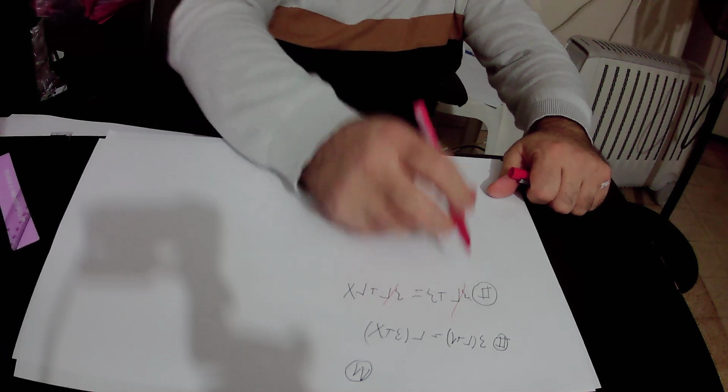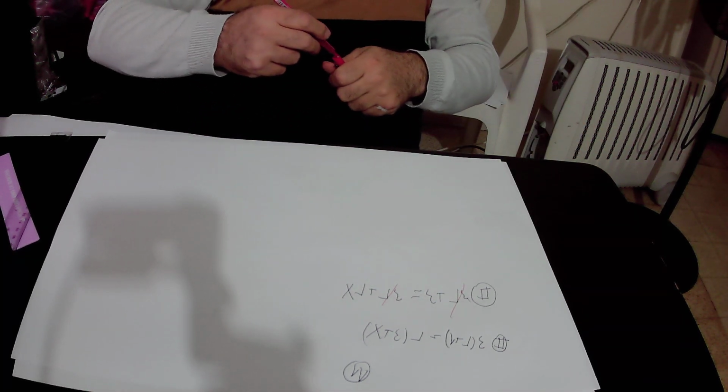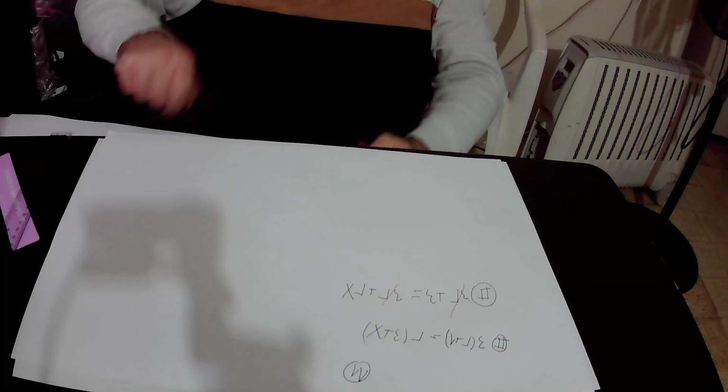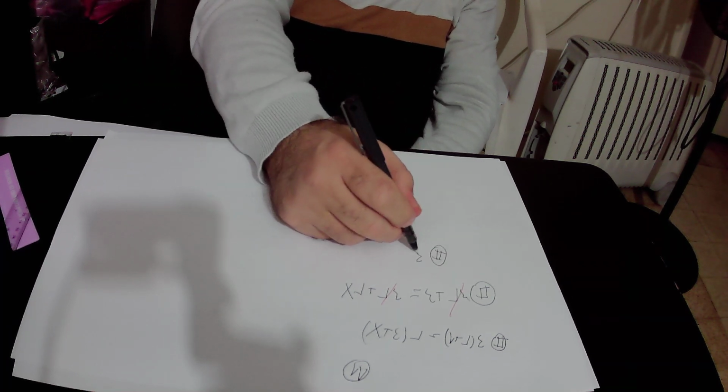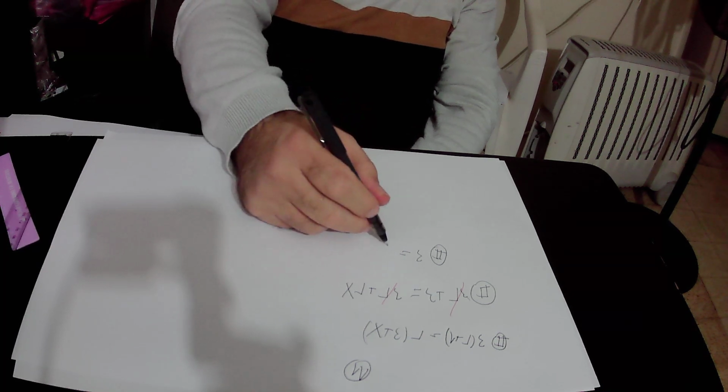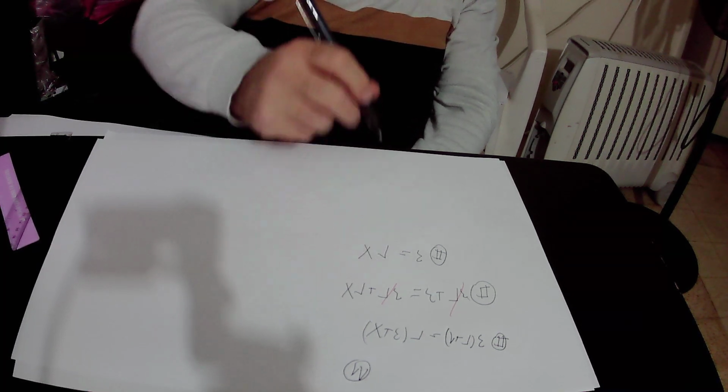And what is left after we cancel 3R? According to equation number 2, 3 equals R times X.